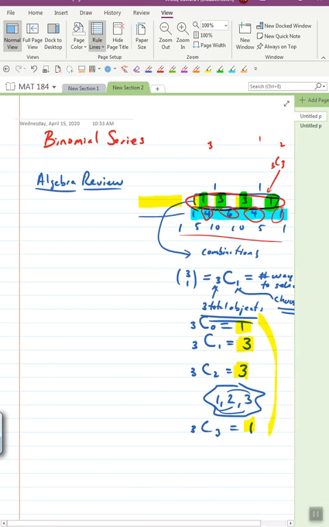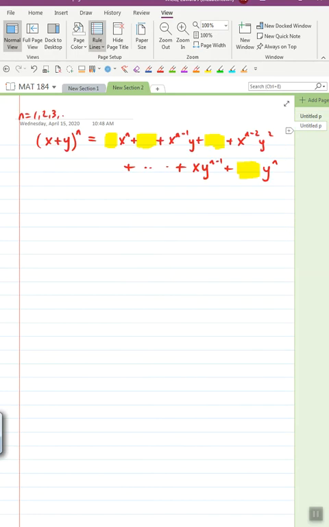This is the row for 4 choose something. This is the row for 5 choose something. So if I had n things, this would be n choose 0. This would be n choose 1. This would be n choose 2. All the way up to the very last one. And by the way, I should have left a blank there for that coefficient.